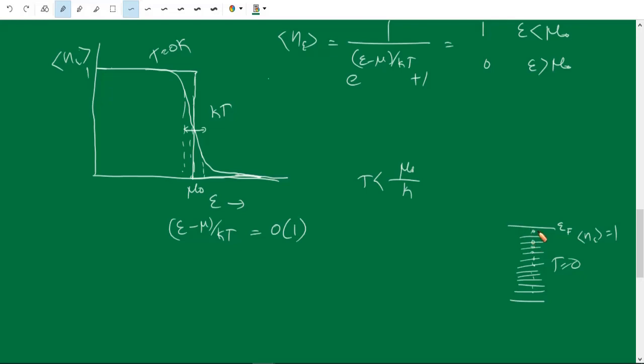That means near this EF, excitation of particles happens. All other particles remain unaffected, along with the internal energy levels. Only these particles are excited. So the fraction of particles thermally excited is of the order of kT by EF.